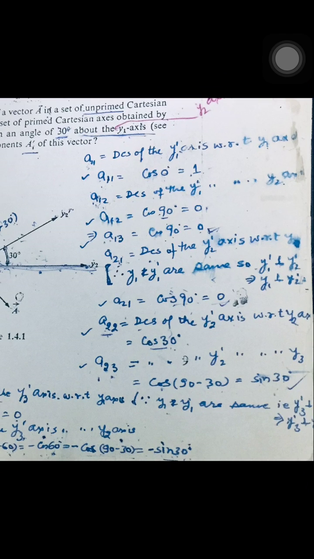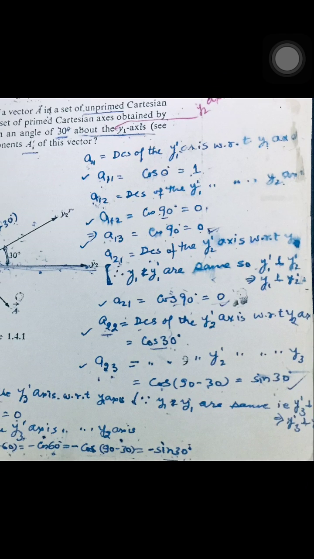Now A21, A22 and A23. The direction cosine of y2 dash axis with respect to y1. But y1 and y1 dash are the same, and y2 dash is perpendicular to y1 dash, so y2 dash is perpendicular to y1.